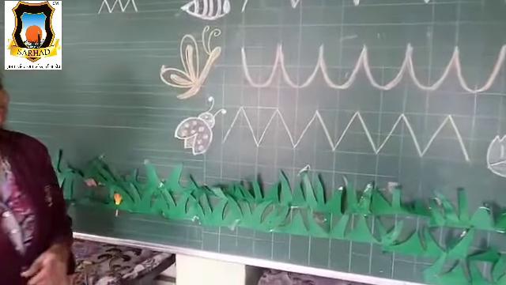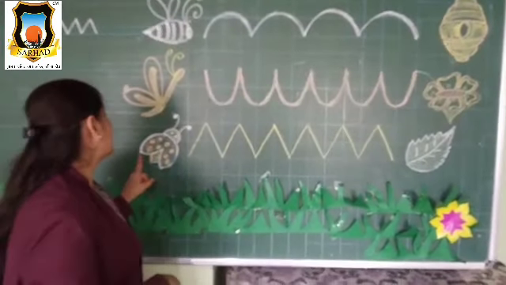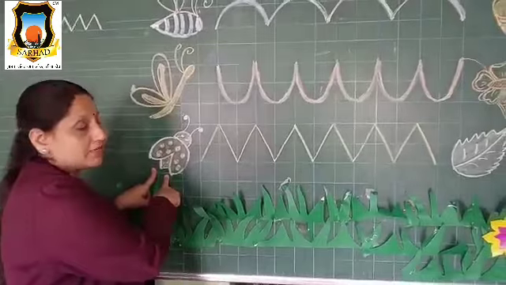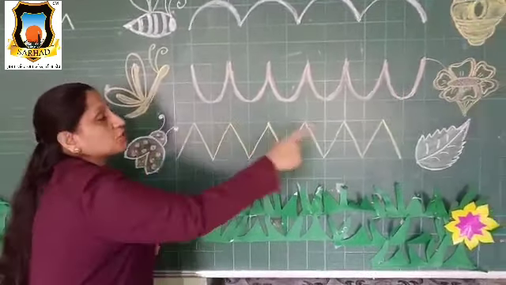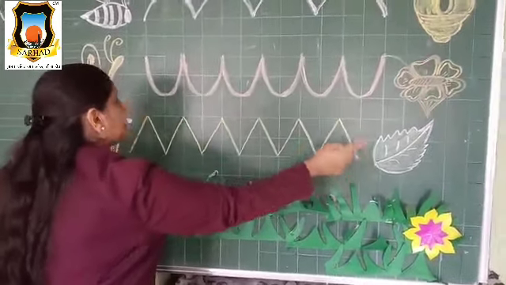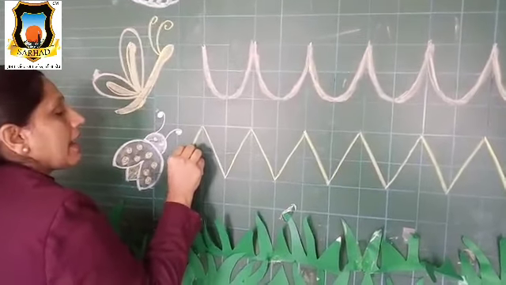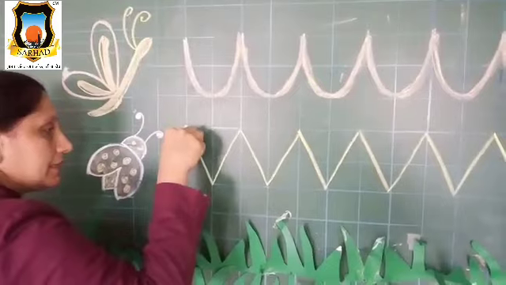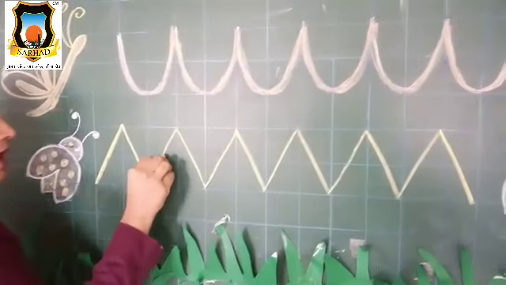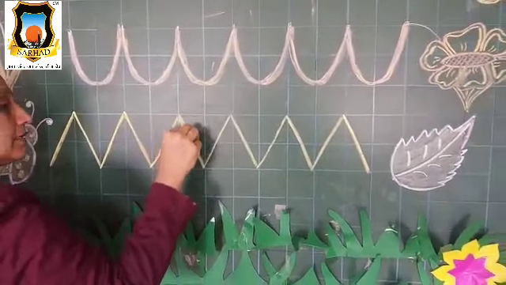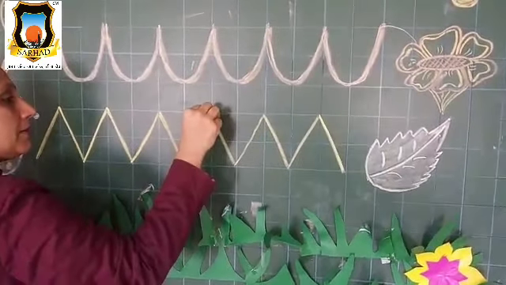Okay children? Now children, see what it is? This is a ladybug and the ladybug wants to eat that leaf. So let's see how the ladybug goes. Up, down, up, down, up, down, up, down.